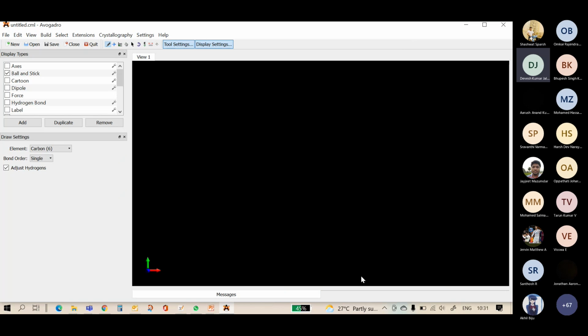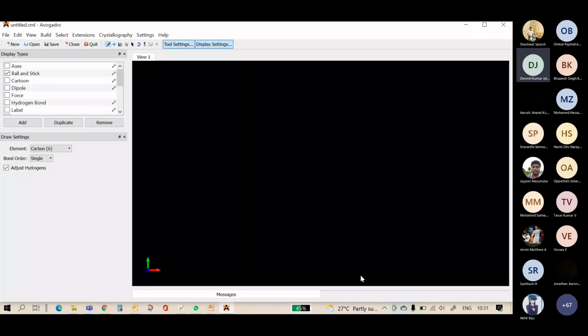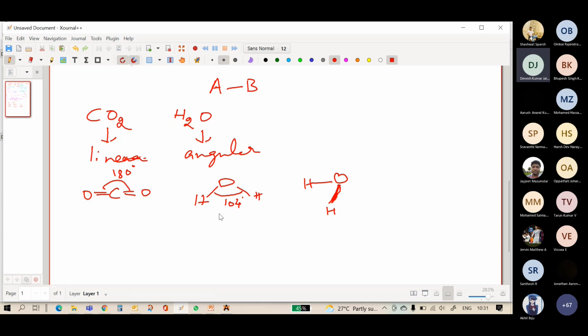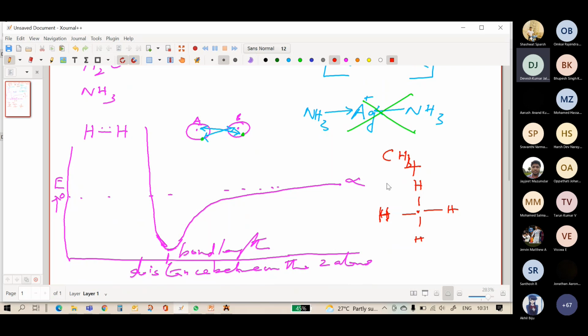This software is a free software, so it has certain built-in algorithms, and the energy minimization is something similar to this potential energy graph. Okay, you start with the two atoms far away, and you start tracing its potential energy by changing the coordinates of these two and finding the energy of the molecule for each coordinate distance.